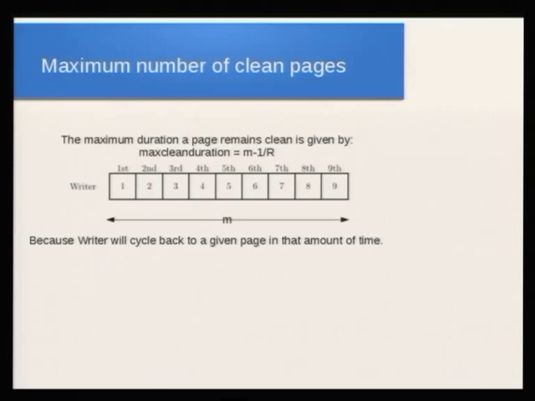So if you clean page 1, let's say, and you have R equals 3, you're going to write the first time unit there, then the second there, and on the third there, and on the fourth there. So a given page will remain clean by at most the length of the writer divided by the ratio, because the writer cycles back to that page in that amount of time.